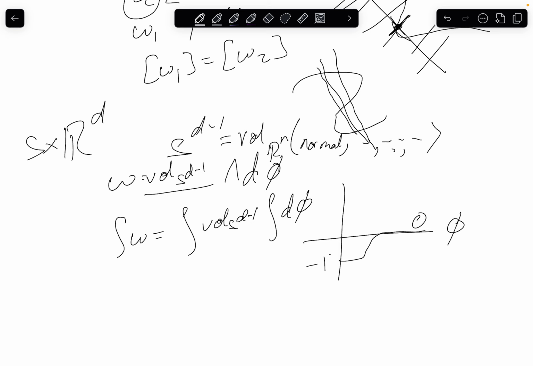But then because this goes to 0 infinity and -1 here, this will just be 1, and this will just be some constant, which I'll call CD, the volume of the d-dimensional sphere. So maybe we should do this as the volume form of the sphere divided by CD. So this will be 1 over CD, and so this will be 1. And so we get that this integral is equal to 1.